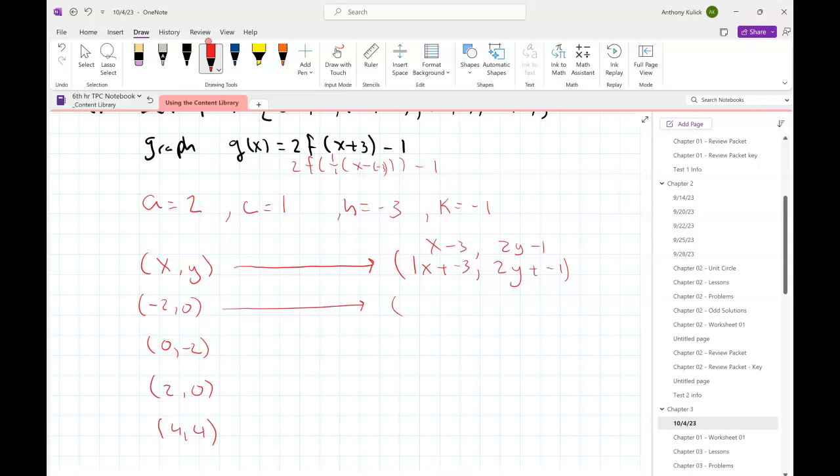So now all I'm going to do to get my new points to plot is plug in to my function, or to my map here. So in place of x, I'm going to plug in negative 2. And then for y, I'm going to plug in 0. So I get negative 5, comma, negative 1.